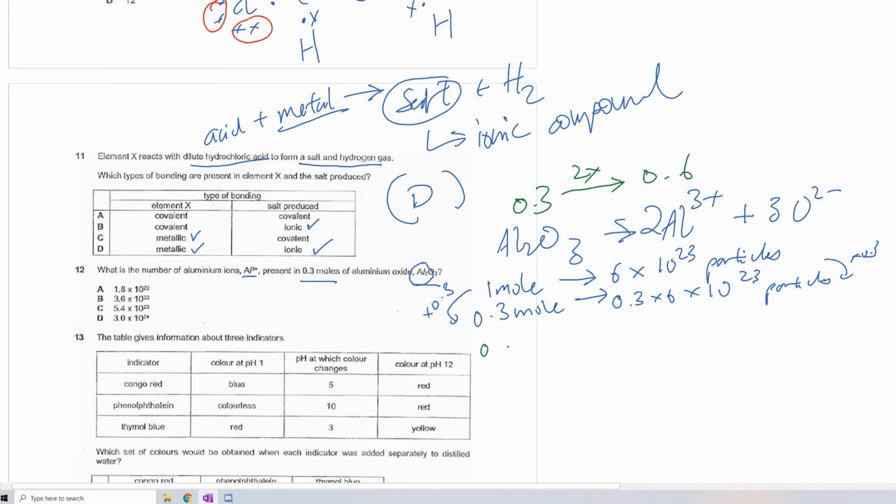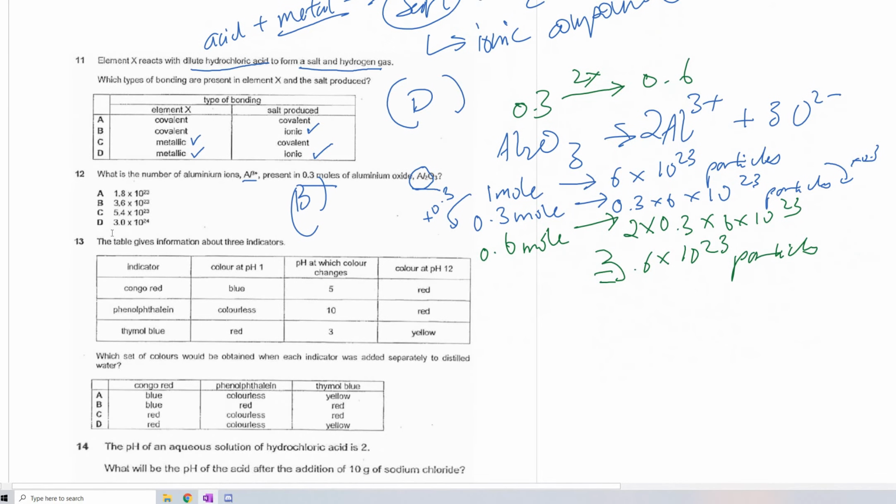So the final answer is 2 times 0.3 times 6 times 10 to the power 23. If you press your calculator correctly, you will have 3.6 times 10 to the power of 23 particles. So the answer for question 12 is option B.